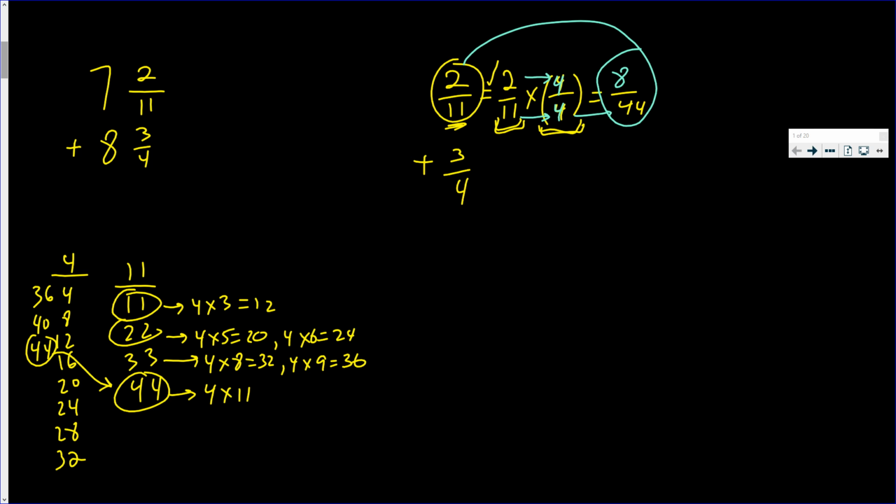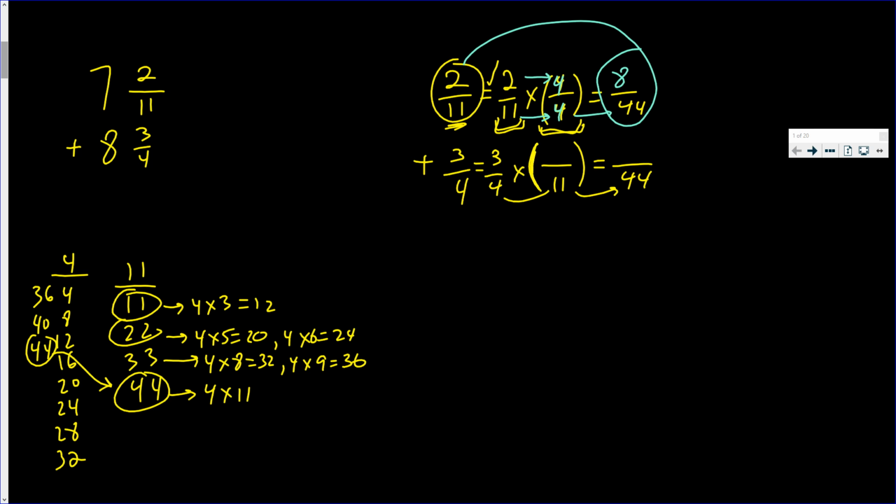Same game with 3/4. I want to write it with a 44 on the bottom. Now, a number is equal to itself times 1. 4 times 11 gives me 44.